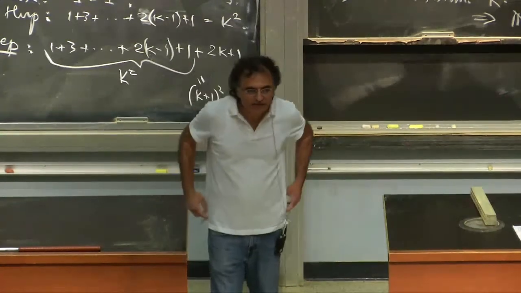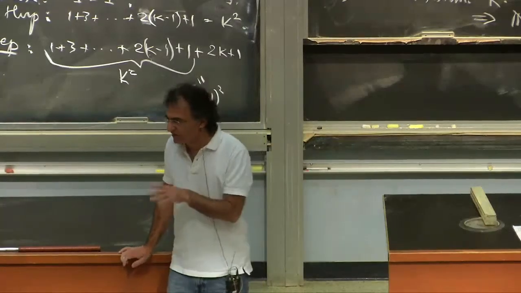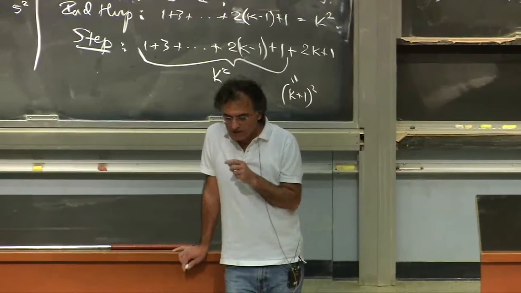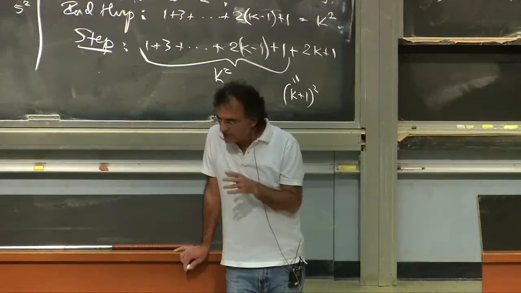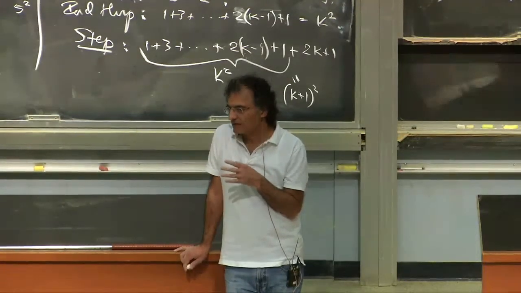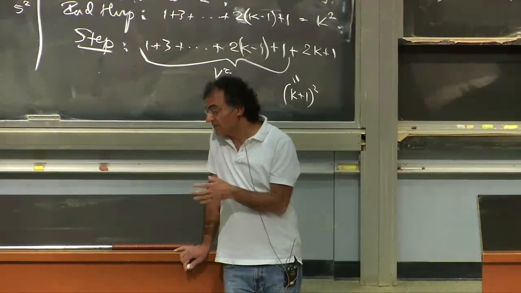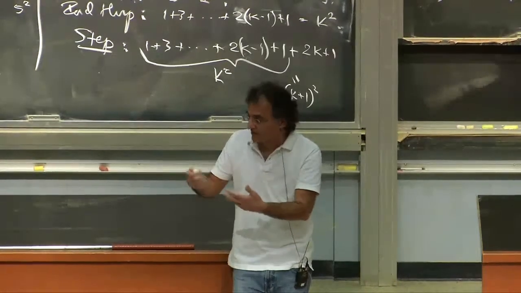So the idea is, let me just say what the rationale is with the grading. What you're supposed to do with the grading is understand the solution and then see how far you got.